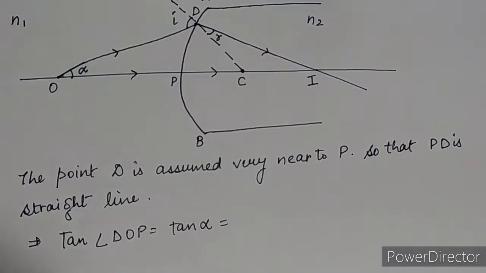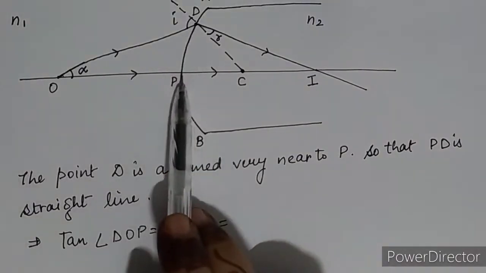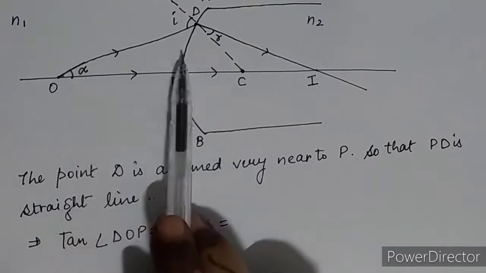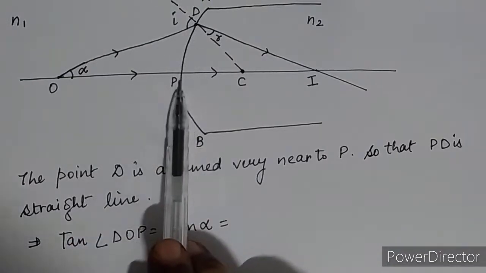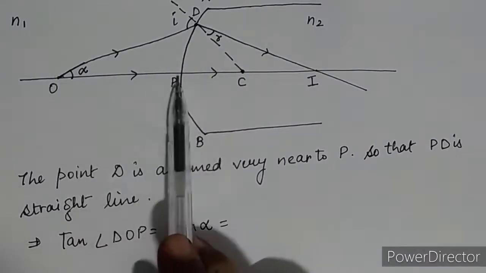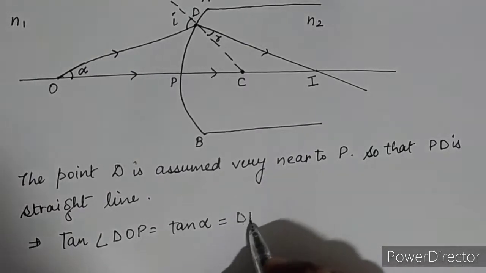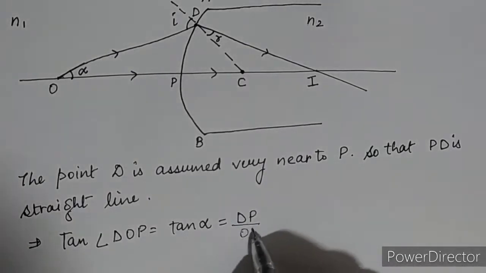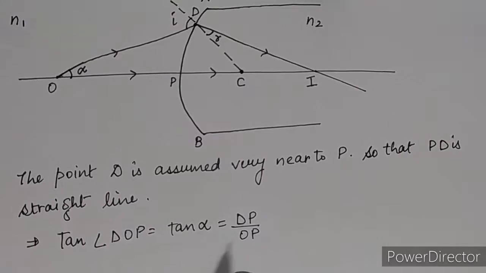It is perpendicular upon base. If it behaves like a straight line, the line in front of the angle behaves as the perpendicular, and the base is OP. So perpendicular upon base, where perpendicular is DP and base is OP. Clear? Any confusion?